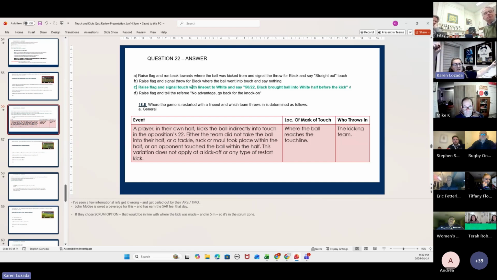And if you want to say to the referee, 50-22, just to confirm, often we want the ref to be saying 50-22 is on as soon as they see that it's on, meaning the other team brought it in. But sometimes we have to help. That's what the assistant referee means. We help them.